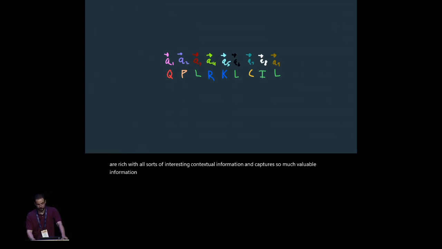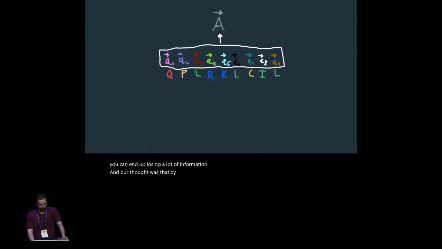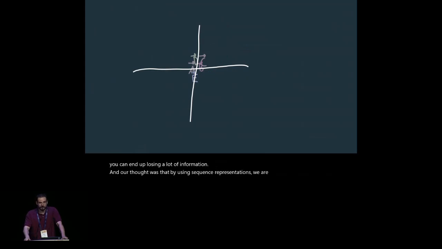But then when you create a sequence embedding, as explained in the previous talk, you can end up losing a lot of information. And our thought was that by using sequence representations, we are effectively muddying the water, and we lose so much signal that it's just impossible for these protein language models to actually perform well in this experiment.